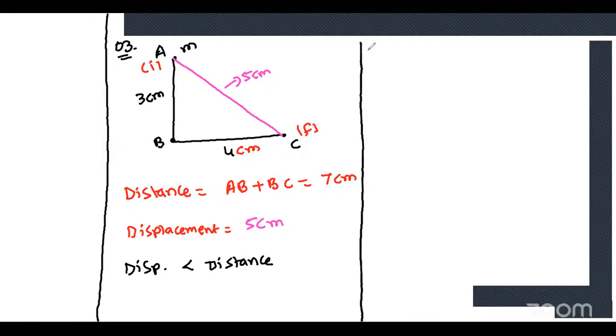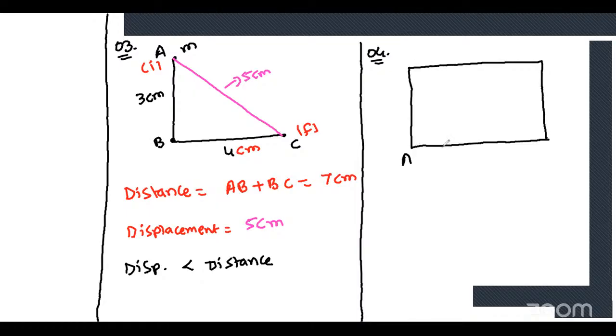Next, the fourth case. If I have a particle moving in the form of a square, let us consider initially the particle starts from A to B, then B to C, C to D, and then D to A. The side of the square is a.